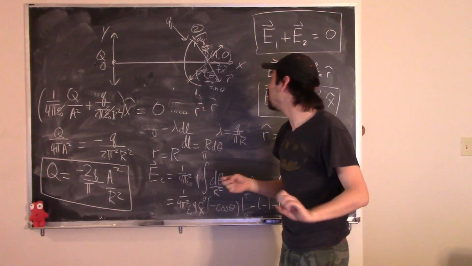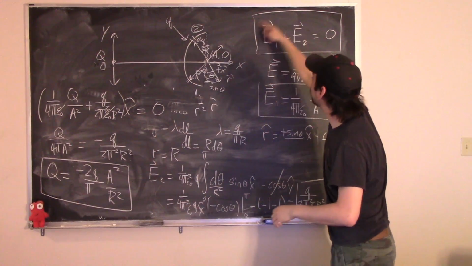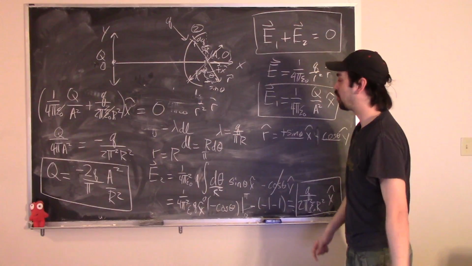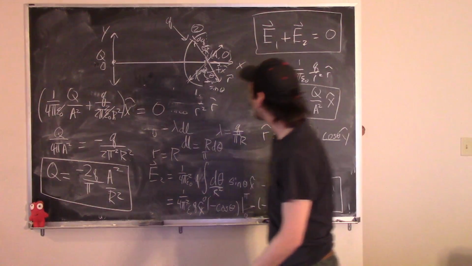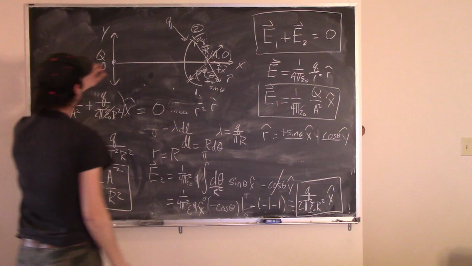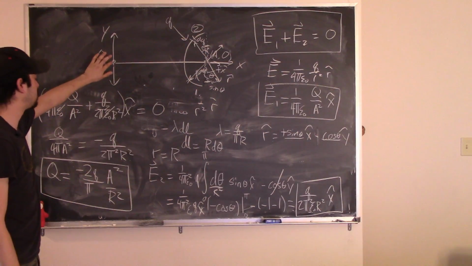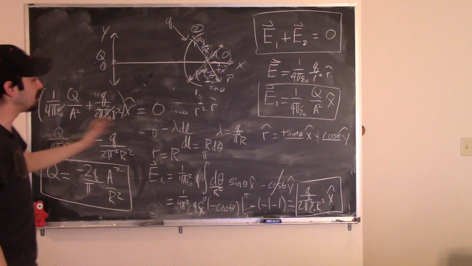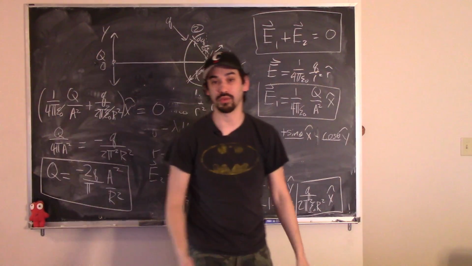And then if it's going to be equal to 0, then you say that that sum is identically equal to 0. And so in this case, what that meant was we could find what the electric field was produced by this arc of charge. We could find the electric field produced by this point charge at the origin. And then when we add those two together, it's going to just be equal to 0.